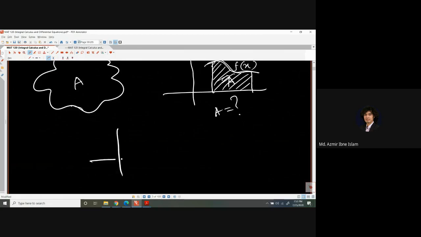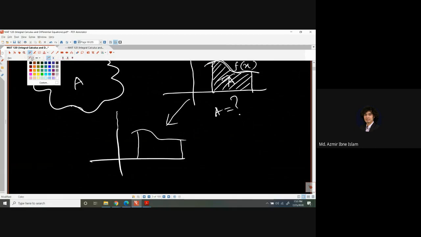So what we can do here, at first we have this shape. I am just drawing the same one here. Since we don't have the exact formula for this one, we can think about it: suppose we have a rectangle here, another rectangle here, and another rectangle here, just like this.